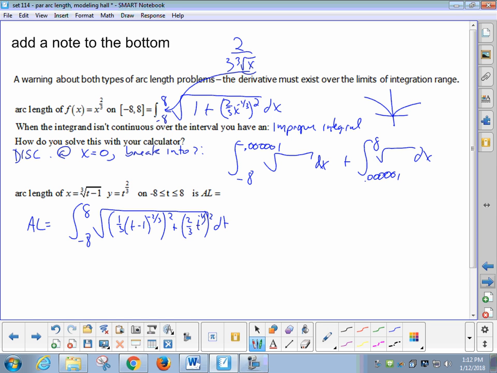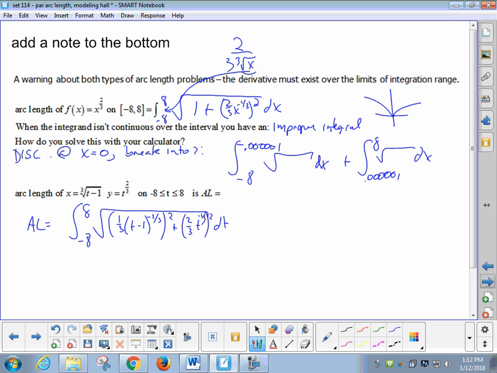Over the course of the semester, it'll start to be habit: I've got to check for continuity. Is this continuous over that interval? How many discontinuities? Two. Where? 0 and 1.